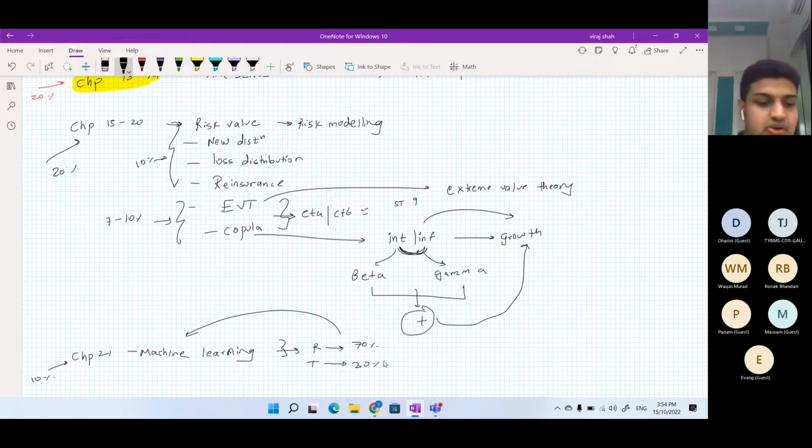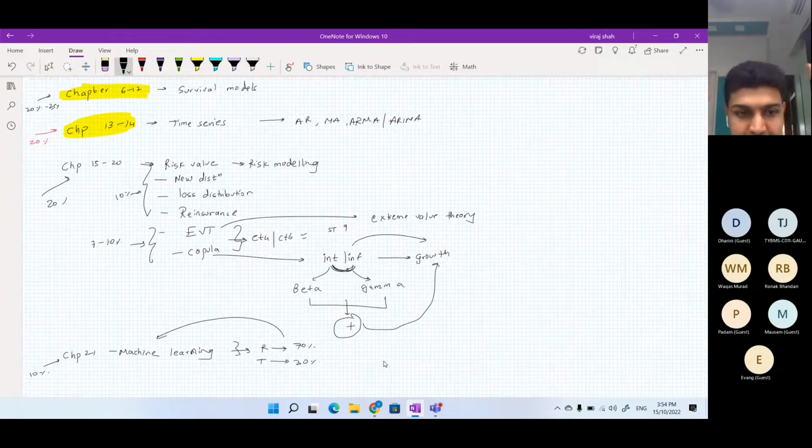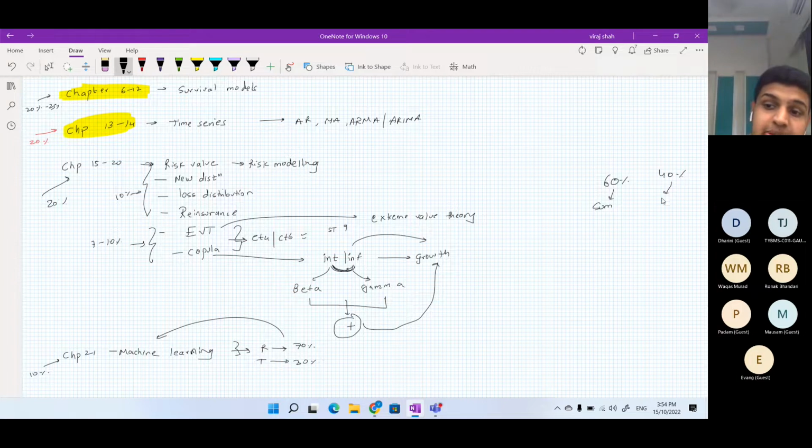Okay, so like here, if you see, there are a lot of chapters. Let me give you an idea. 60% of your question paper would be sum solving, and 40% of your paper would be theory.